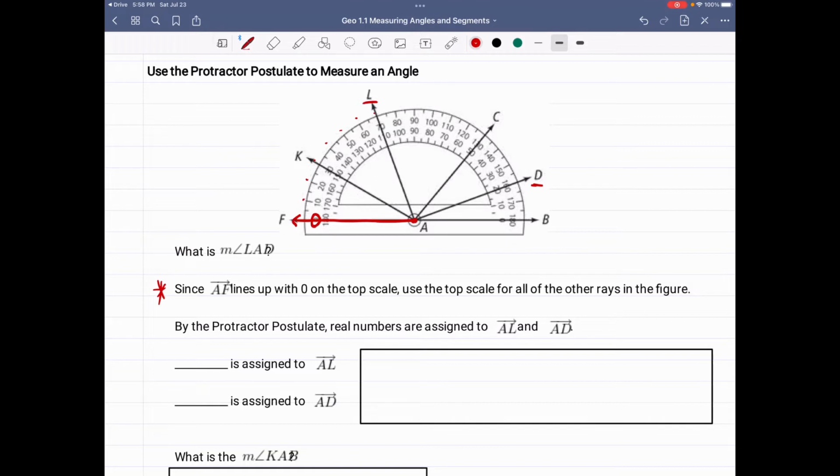And the next thing that it's going to say is, by the protractor postulate, real numbers are assigned to AL, right here, AL, and AD.